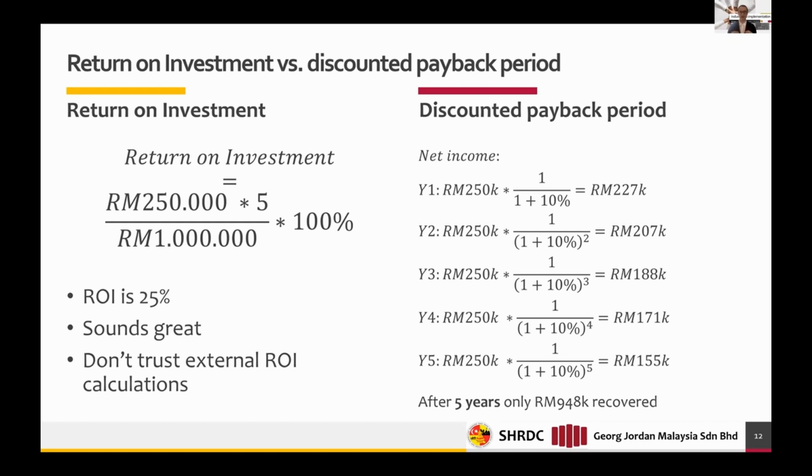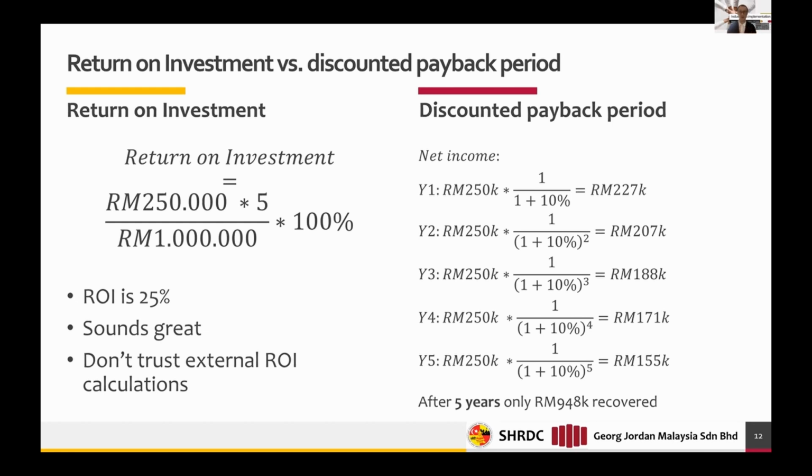But because we keep in mind that our cost of capital is 10% year by year, the actual time value we are getting back is becoming less and less, starting from 227,000 to the last year only 155,000 ringgits.